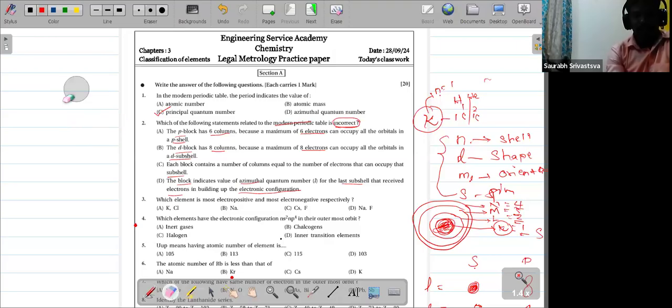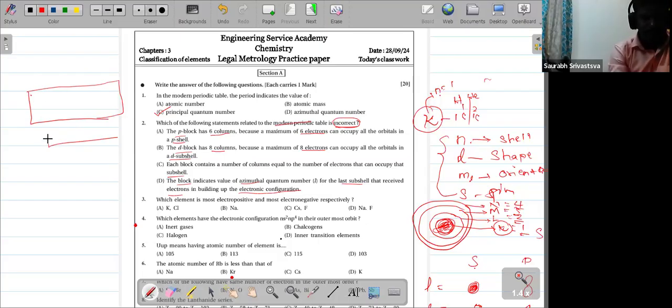when you are talking about the periodic table, first we should know how many blocks there are in the periodic table. The first one is a 3-dimensional periodic table. Here overall 14 elements are there.